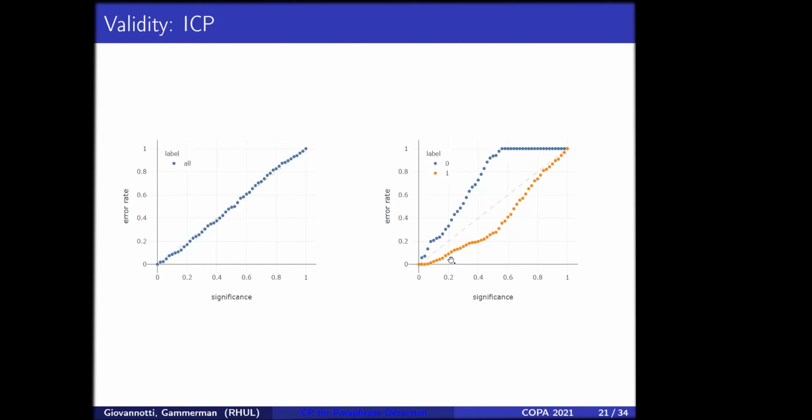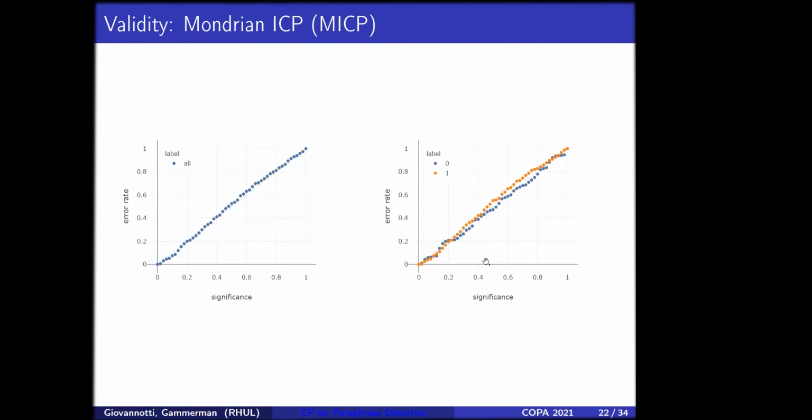However, we can also see that the error rate for the single classes, the so-called conditional validity, doesn't hold as expected. Higher errors for the zero class, the negative class, are compensated by smaller errors for the positive class.